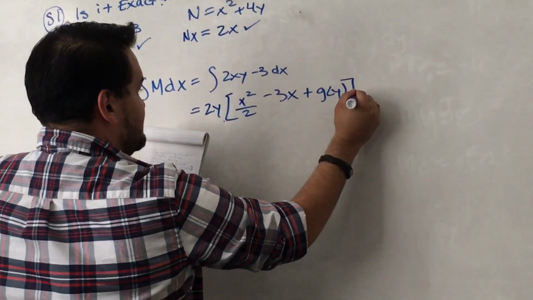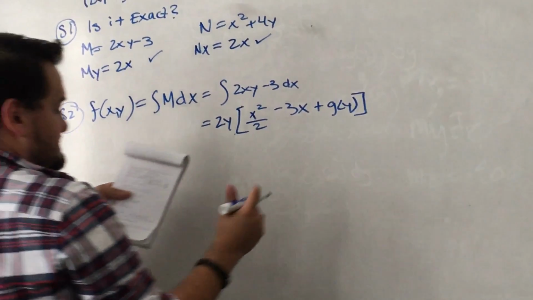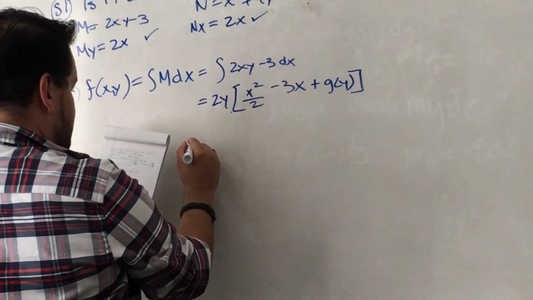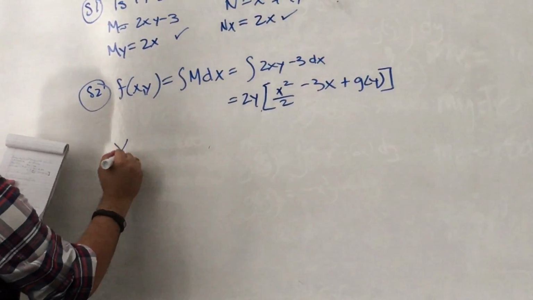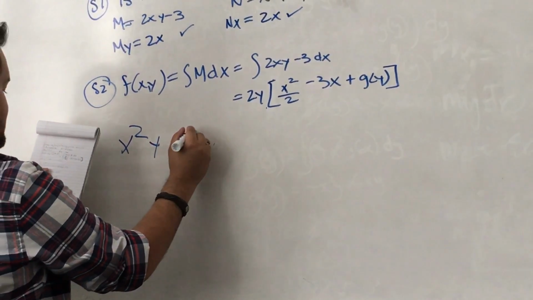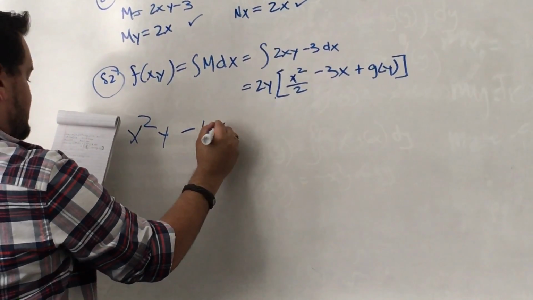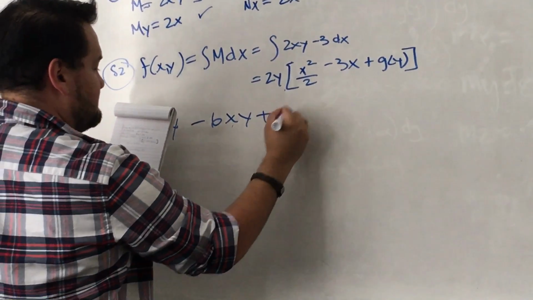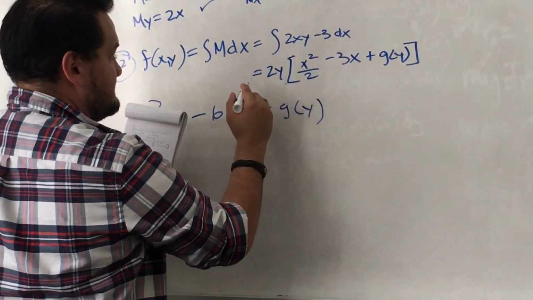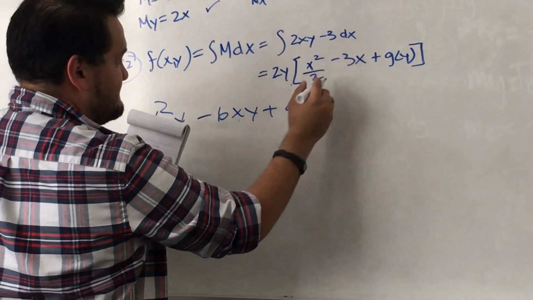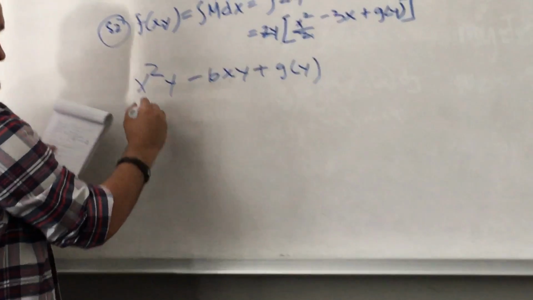Remember, it's not plus c because we're finding a function. And then we get x squared times y minus 6xy plus g of y, where we factored in 2y here, and these cancel out, giving us this.